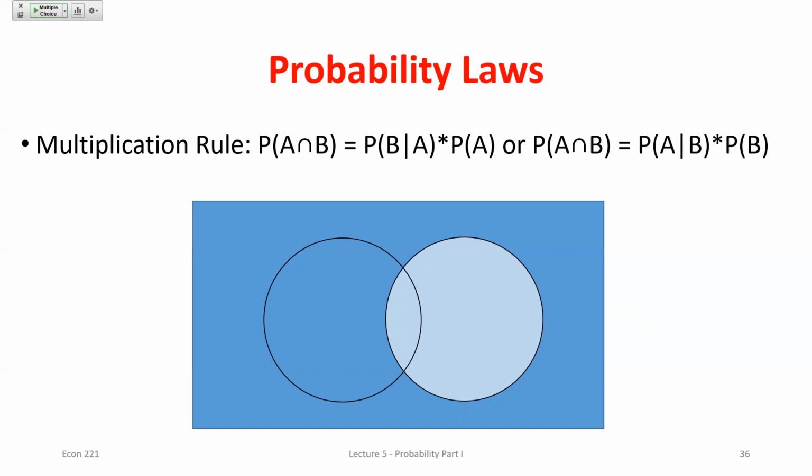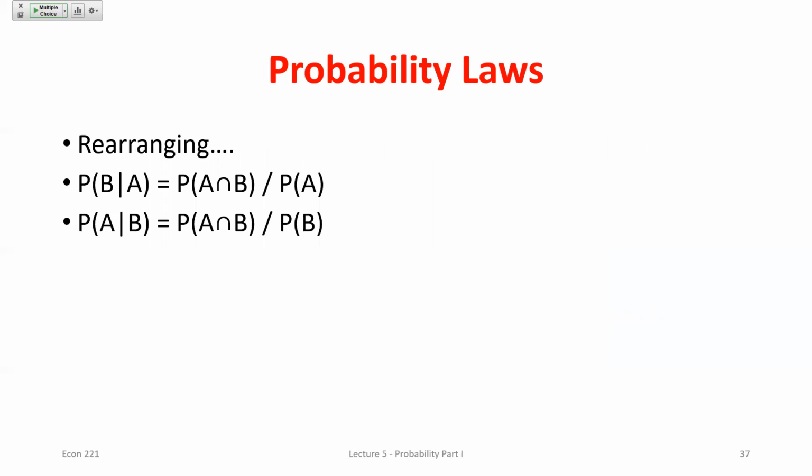Remember, whatever's on the right-hand side, that's what we say we're conditioning on. We're given that whatever's on the right-hand side of this vertical line has already occurred. So given that A has occurred, what's the probability B has occurred? If I rearrange this equation and divide each side by the probability of A, I can solve that equation for the conditional probability, right?